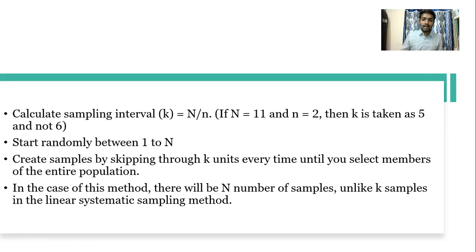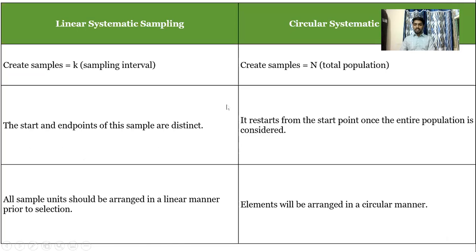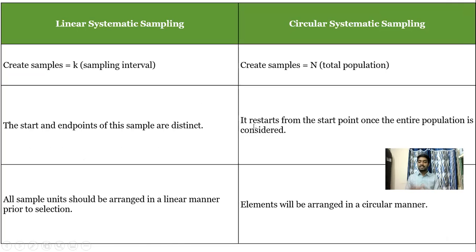With this, I have one more slide. Yeah, the last slide of the session. With this slide, I'm going to explain what are the differences between linear systematic sampling and circular systematic sampling.